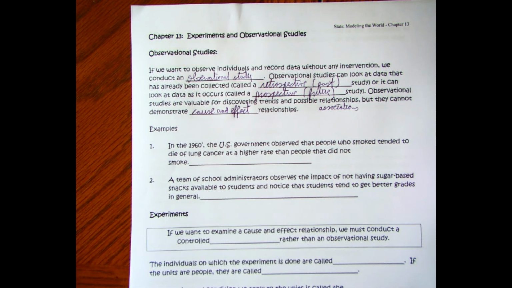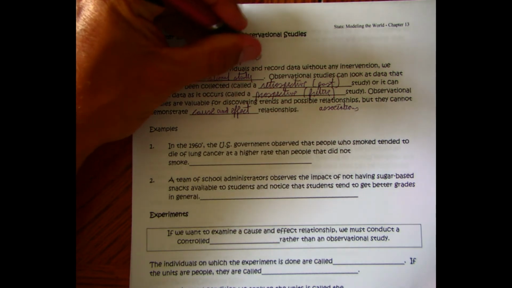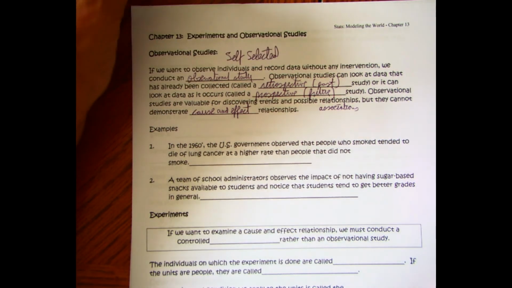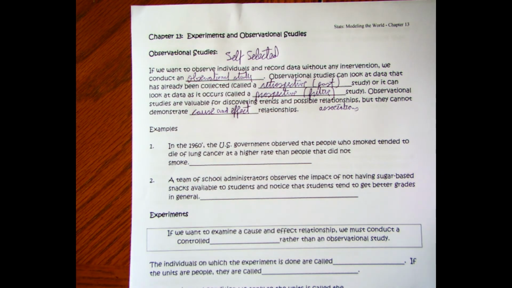So, one thing to keep in mind is that people who are put into different groups are self-selected. They select themselves for groups. If we're looking at smokers, they chose to smoke. You look at people who drink coffee every morning, well, they chose to drink coffee every morning. We didn't give them the coffee to drink.